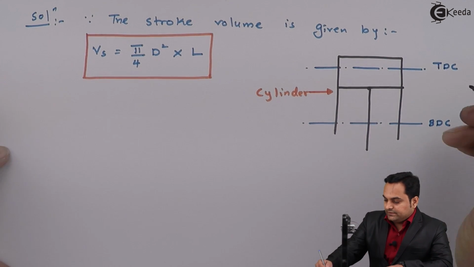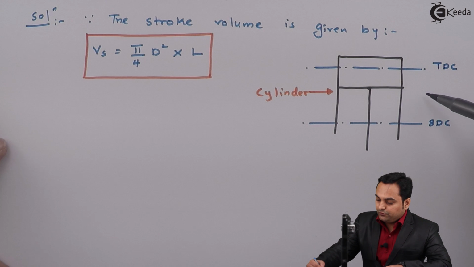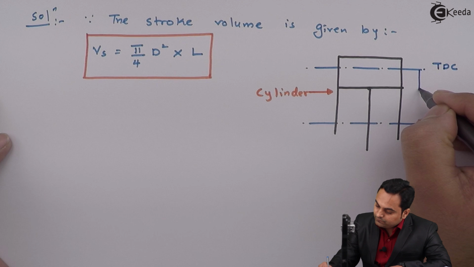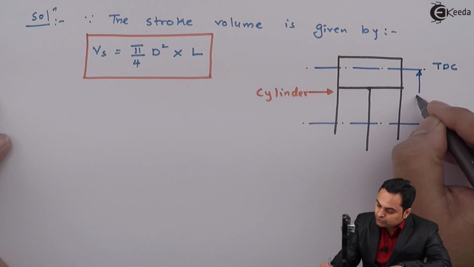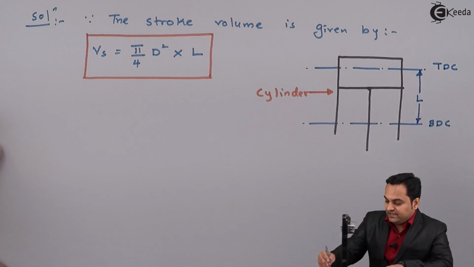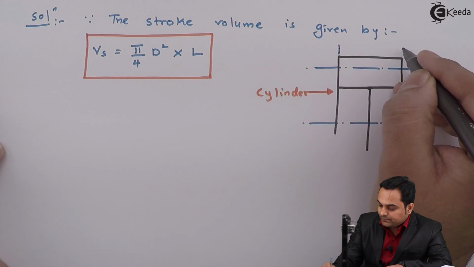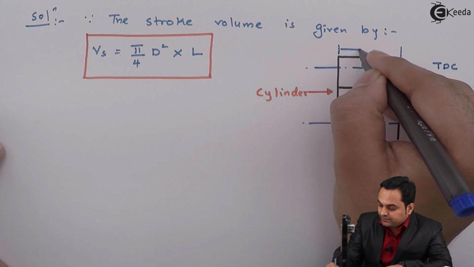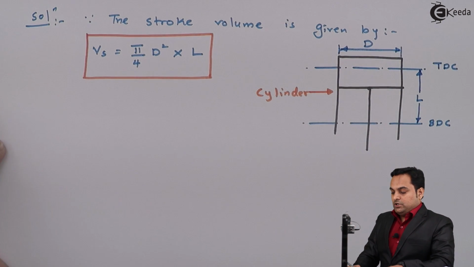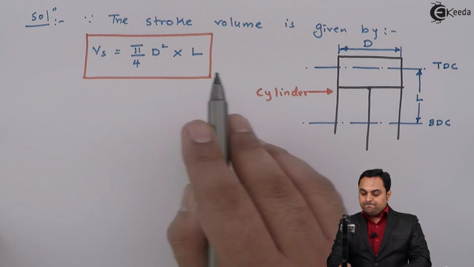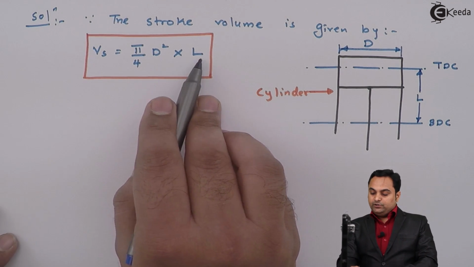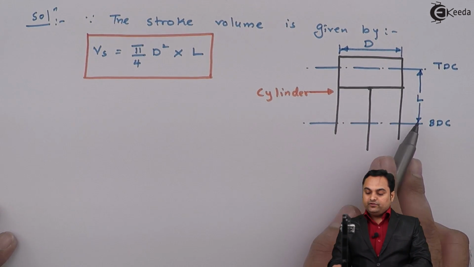The distance moved by the piston between TDC and BDC is called the stroke, or stroke length, denoted by L. If I assume that the diameter of the cylinder is denoted by capital D, then stroke volume would be, from the diameter we get the area, that is pi by 4 into d square, into length, that is area into stroke length.